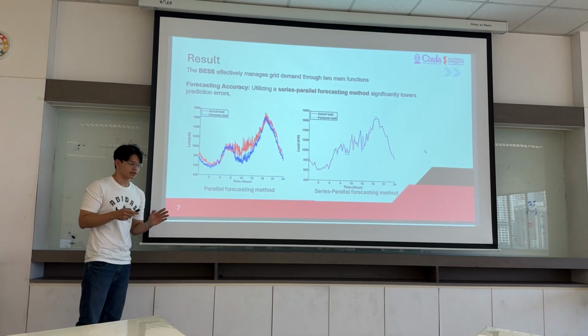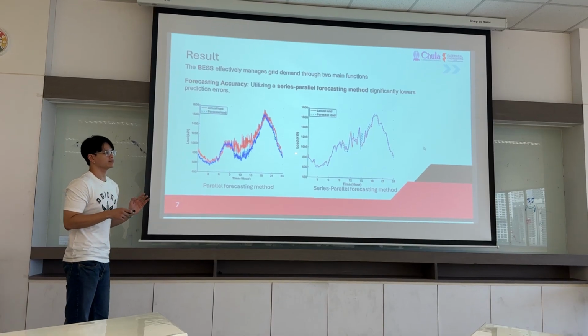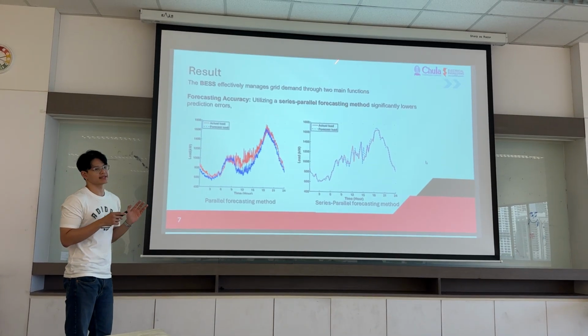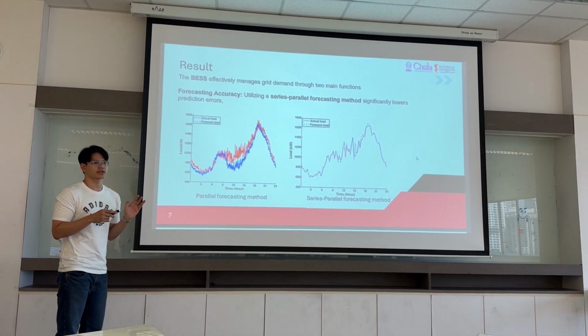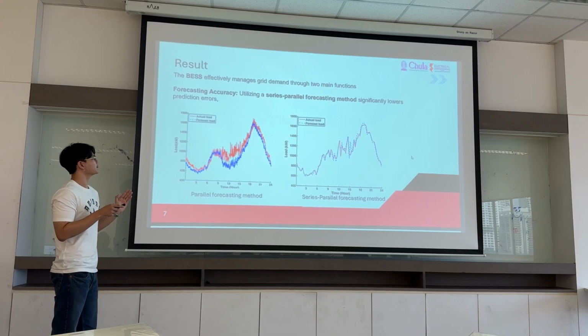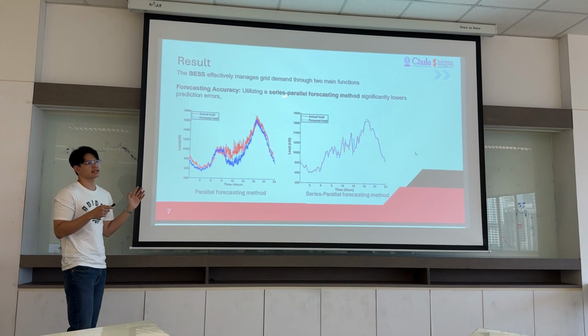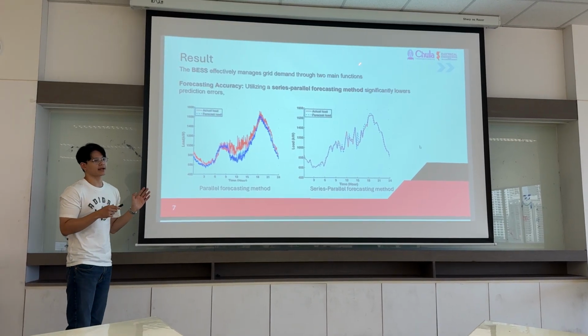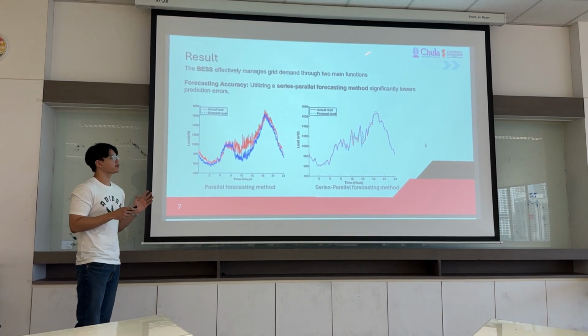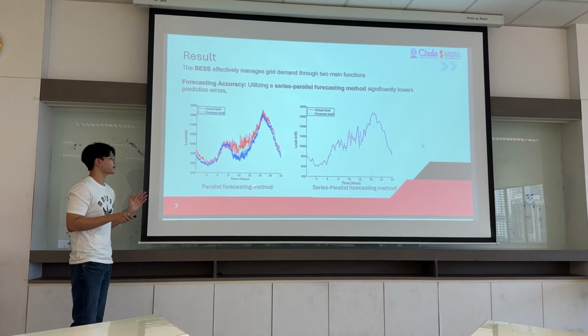Next one, we move to the results. From the results, we can see that BSS effectively controls the grid demand, but I will show you that later. From this slide, we will focus on the forecasting accuracy first. On forecasting accuracy, the series parallel method is better than the parallel forecasting method.